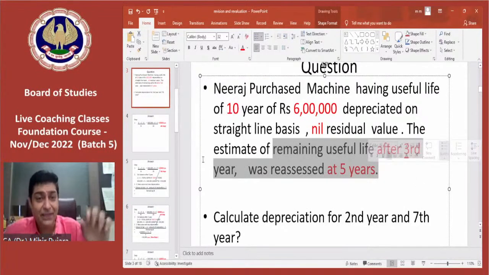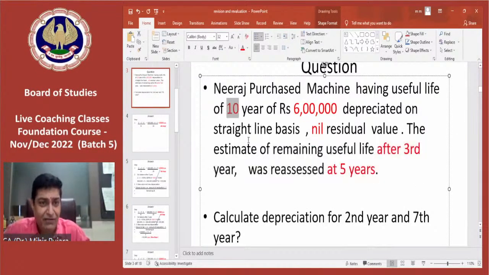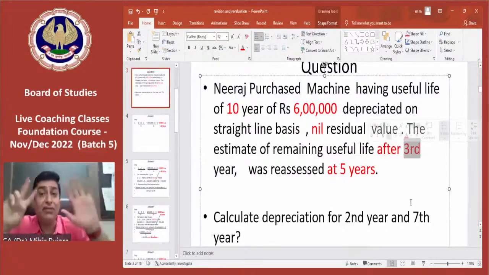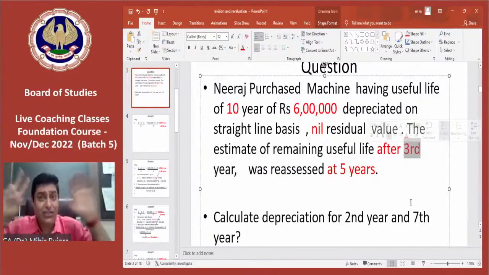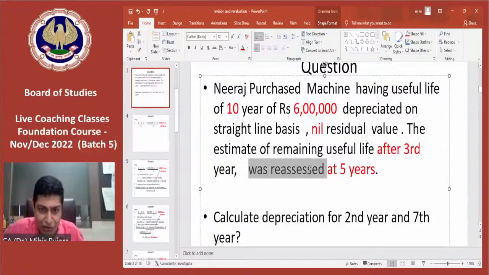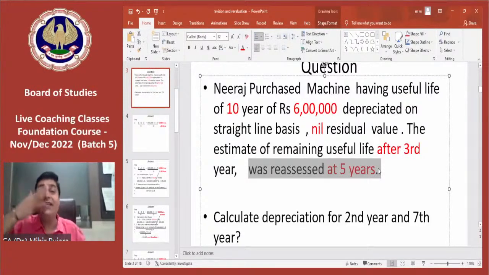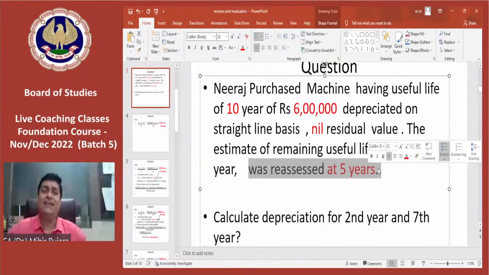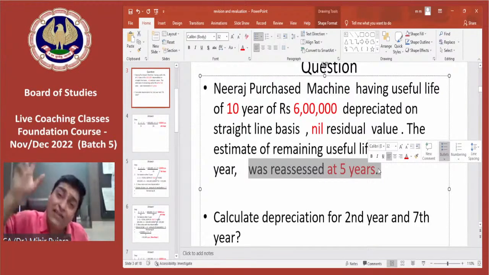And this is what to learn: if it were 10 years and 3 years already passed, 7 years should be remaining. But now, as per the new estimate, the asset will not run for 7 years. It will run for only 5 years.